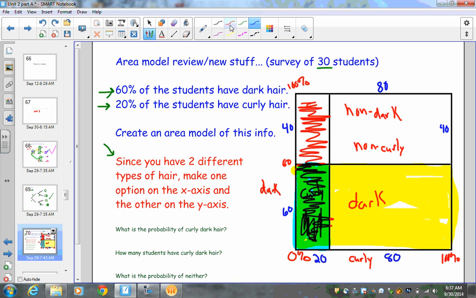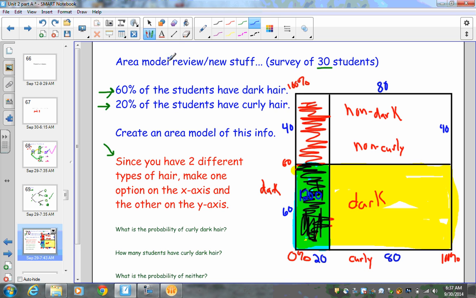So now I'm going to find the overall area of each piece, that is, rectangle. So the shared is going to be 1200.